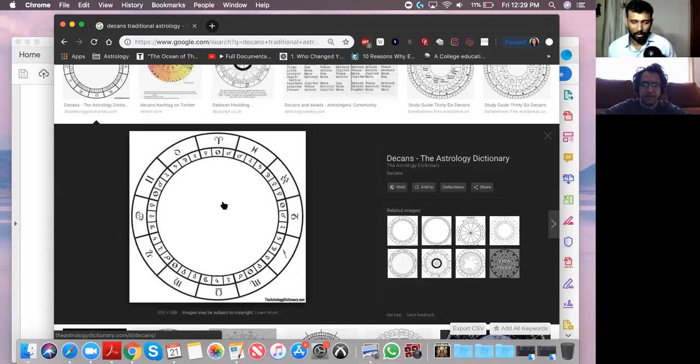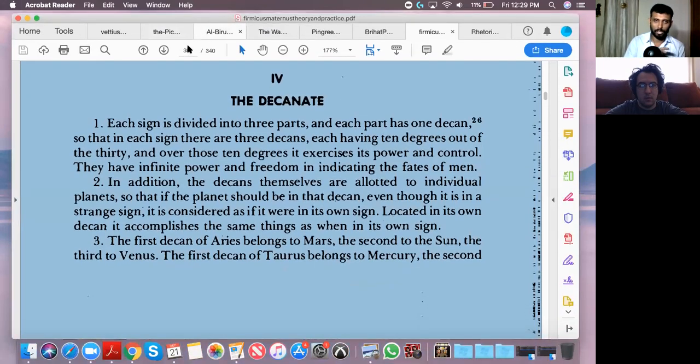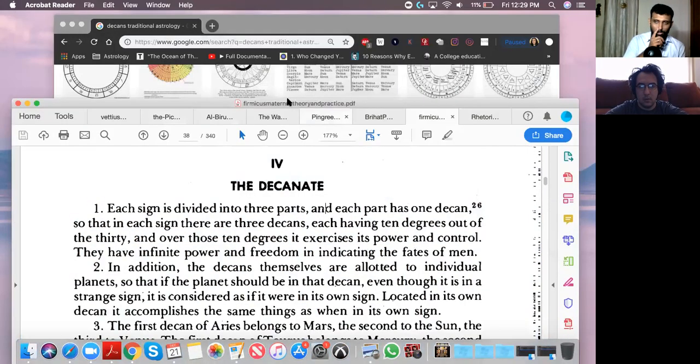Sure, I think that's a very valid point, because there is no bound rulership for the luminaries. Another thing you mentioned is that a decan is all about the particular nature of a planet and the sign in which the decan is placed.